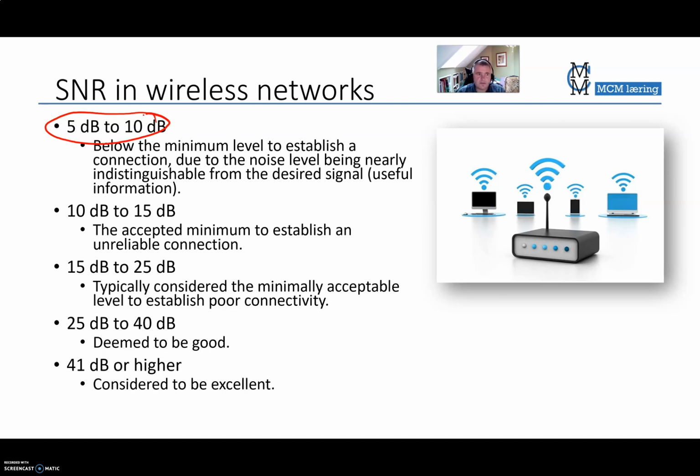So even though we have a stronger signal than noise, even with 10 decibels, it's below the minimum level to establish a connection for a wireless system like this. 10 to 15 decibels is the accepted minimum, but that would be rather fragile. 15 to 20, minimum acceptable. This is the minimum possible. And then 25 to 40 decibels, that's a good signal. And over 41 decibels, excellent signal.